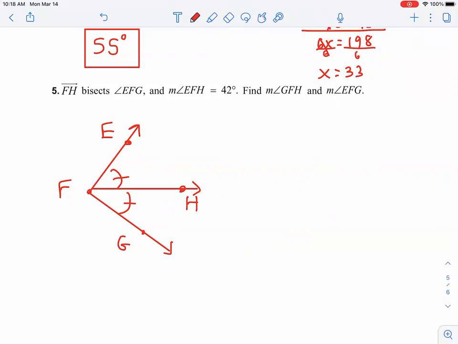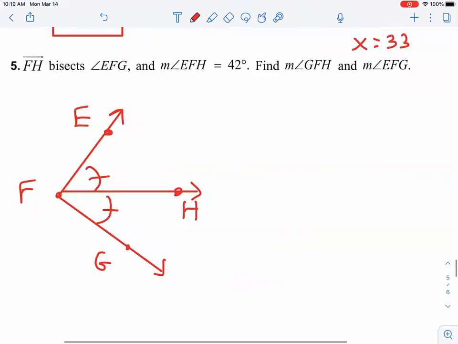They have the same measure. So it says that EFH is equal to 42 degrees. So from E to F to H, meaning that top part, is 42 degrees.